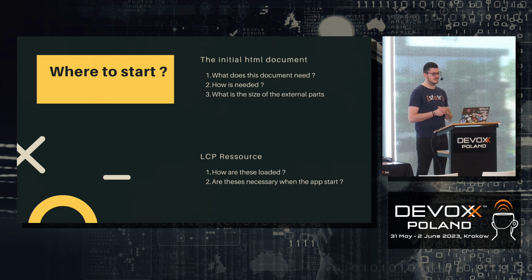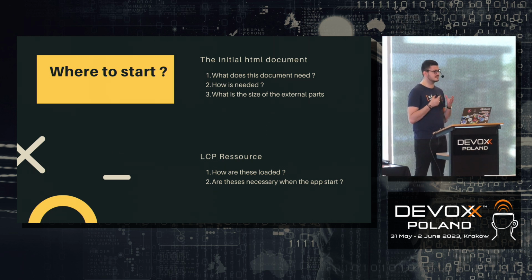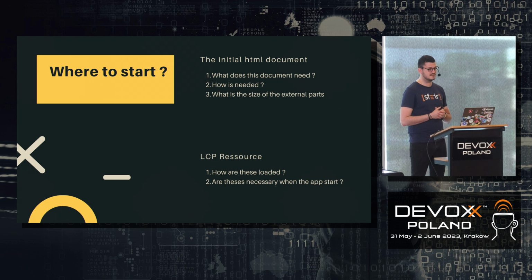The first one is, what does this document need? The second one is, how is it needed? And finally, what is the size of the external parts? When you have answered all these questions, the second step is to retrieve the LCP resource and ask yourself the following questions. How is it loaded? And is it necessary when the app starts?